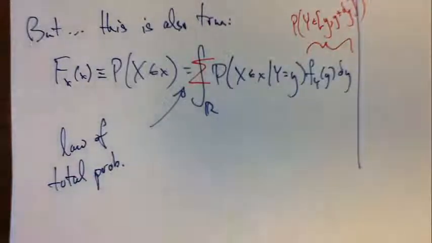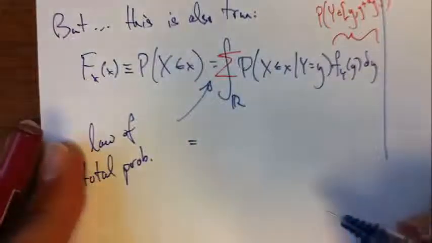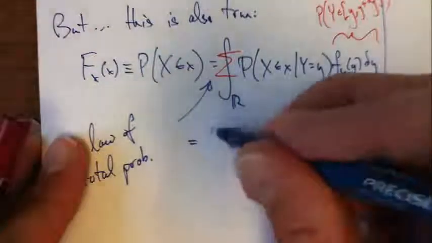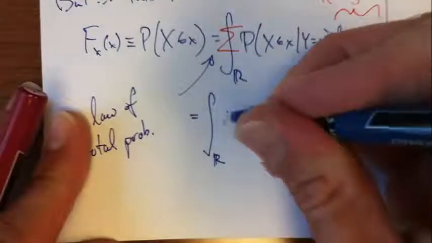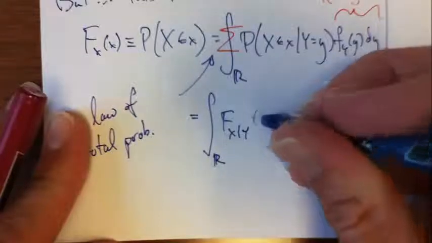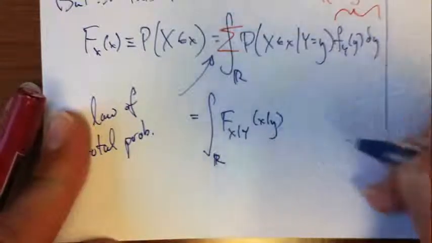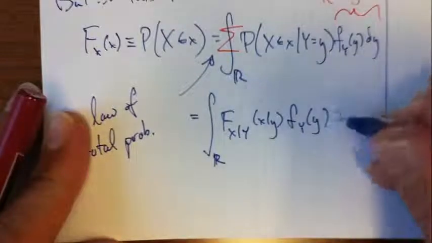Okay? All right. So then, what is this? This is the integral over the reals of the conditional CDF of X given Y, right? Times f sub Y of y, dy.